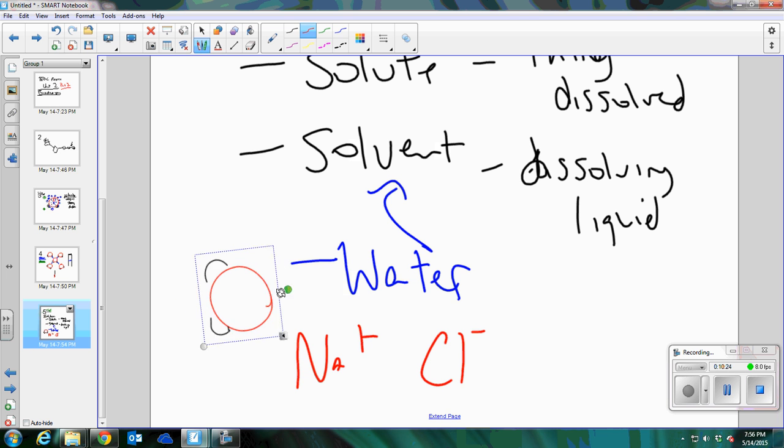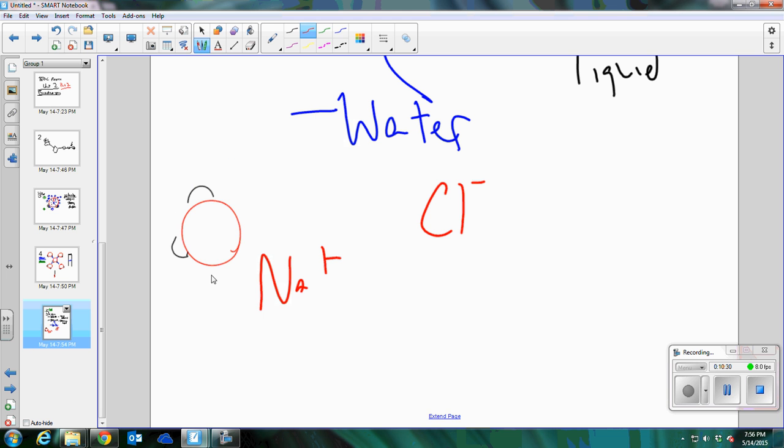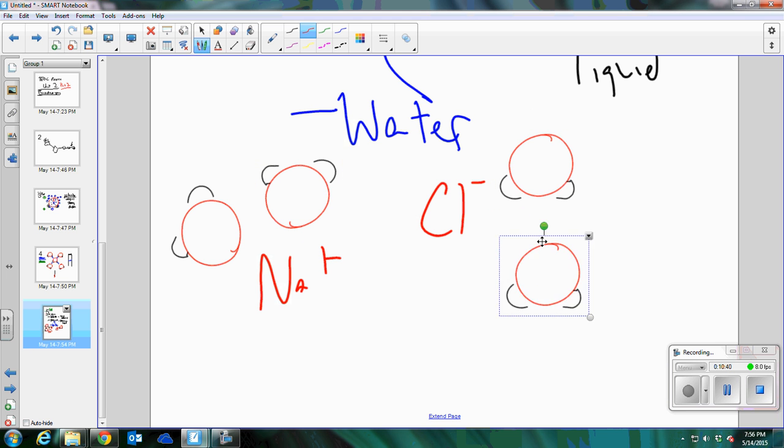Remember the negative end? Well, it loves that sodium, and it will easily surround that sodium, just like so, until it's all around it. Well, the same thing will happen with this chlorine, except you're going to have the hydrogens that are going to do that, and basically forms little shells around these ions and causes them to split apart.